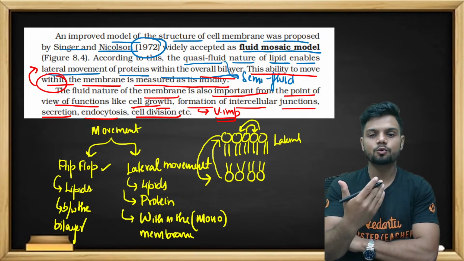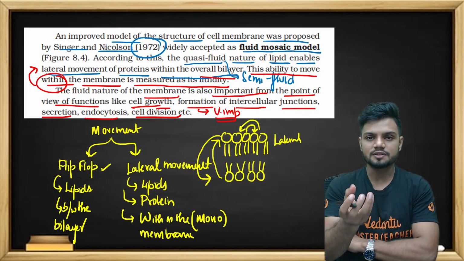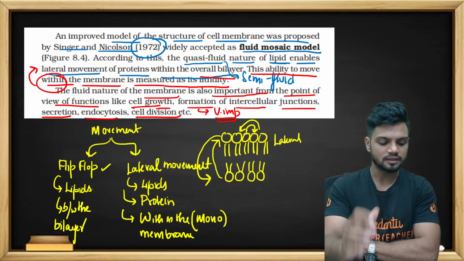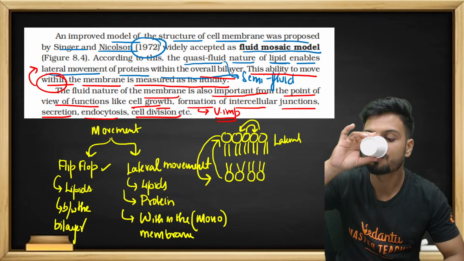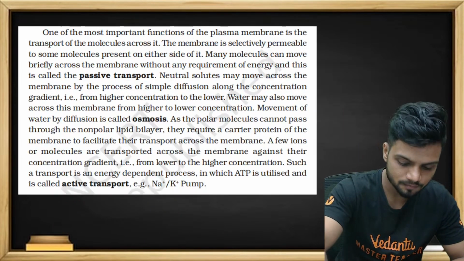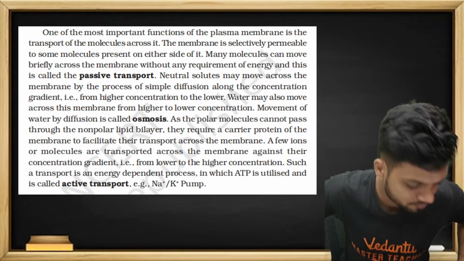Because the membrane is quasi-fluid in nature, or I can say it is semi-fluid in nature. If something is semi-fluid, things can move in it. Understood, all of you? The importance of the semi-fluid nature. Okay? It's very easy to understand.